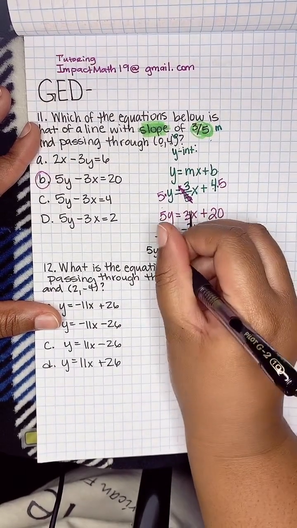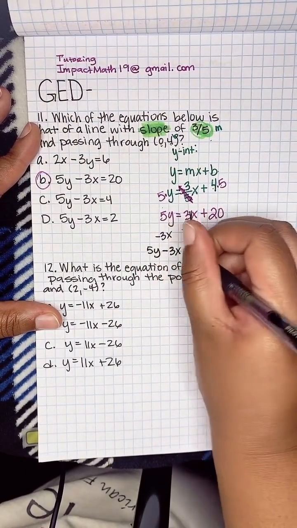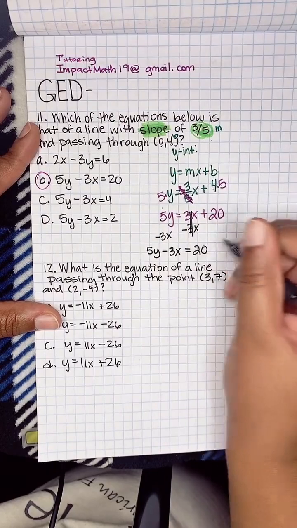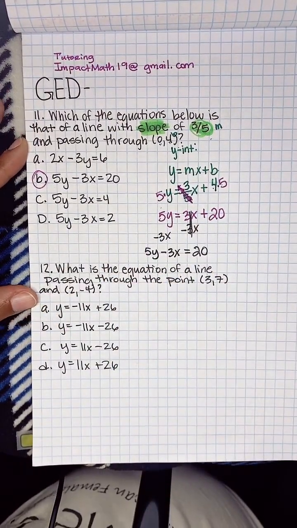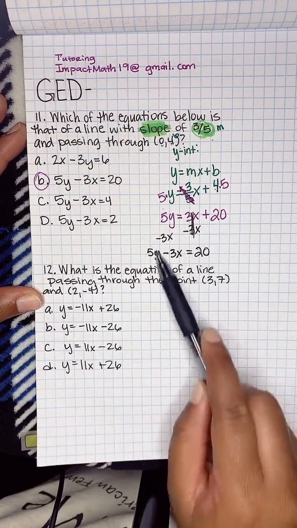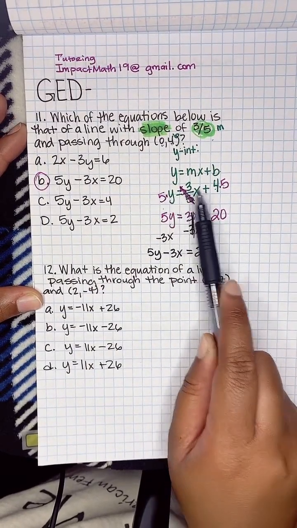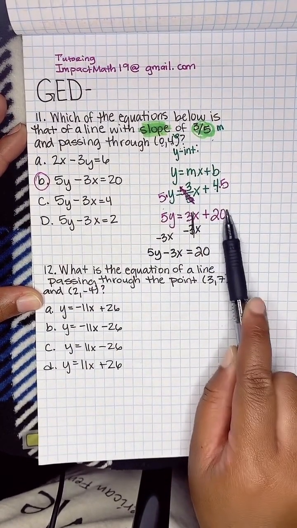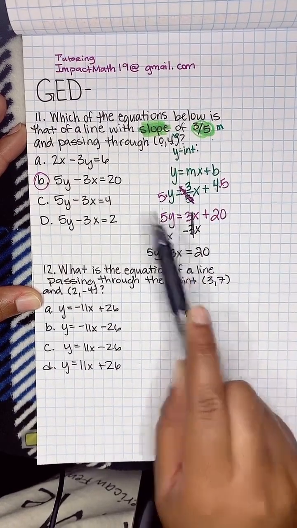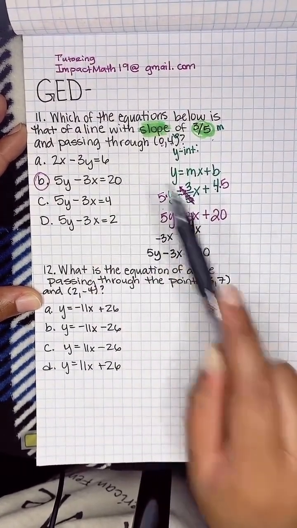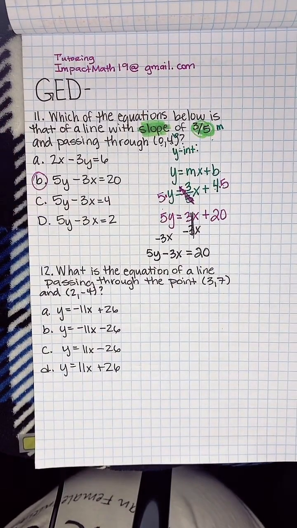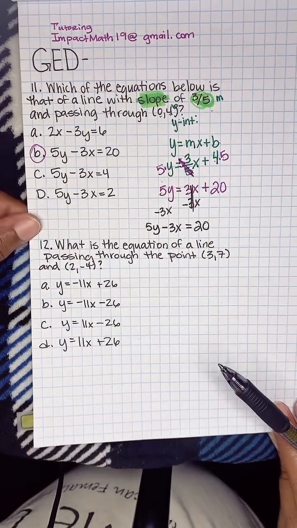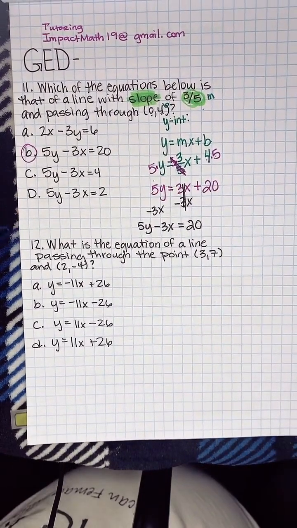So 5y minus 3x equals 20. See how this is the same as that. But literally, we did not have to do this part. As soon as we multiplied everything by 5 and saw this 20, this 5y is the only thing that had a 20 in it. We circle it and move on. Save your time for the next question on the test.